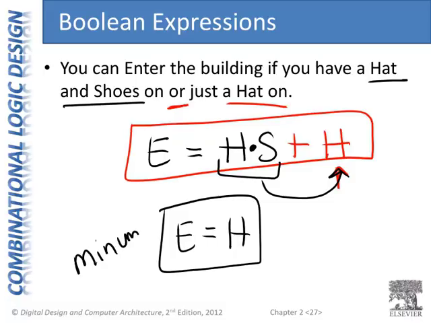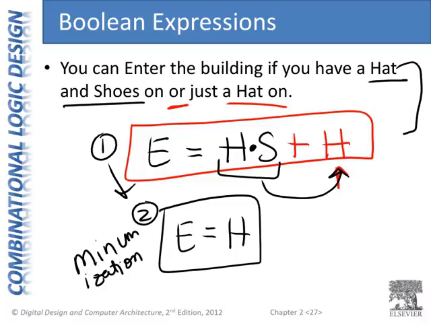Going from the first expression to the second is called minimization, or reduction, reducing the equation. But if you're asked to go from the statement to an equation, that's the right equation to go to. If you're then asked to minimize it, that next step would be to minimize it.